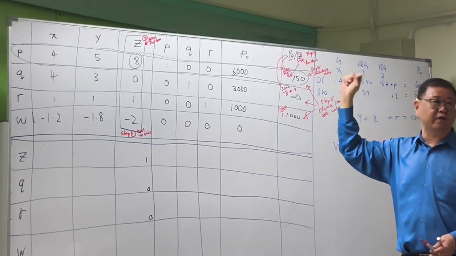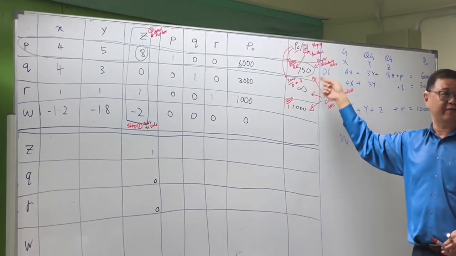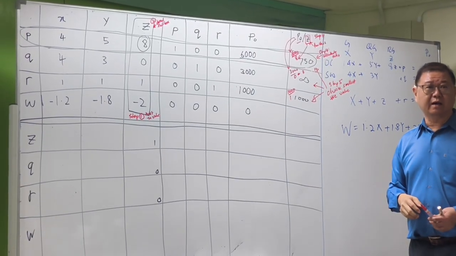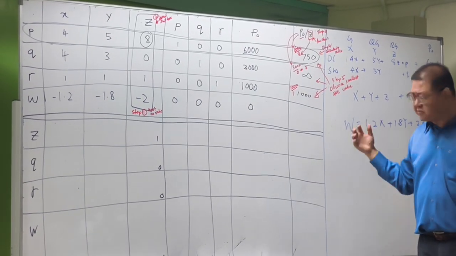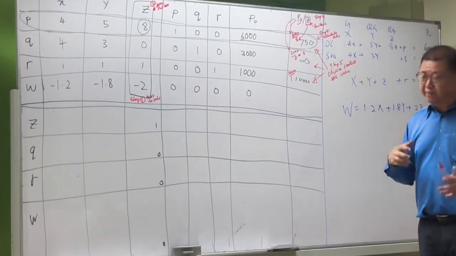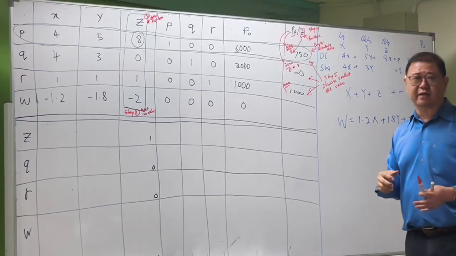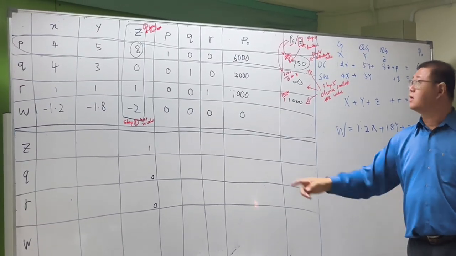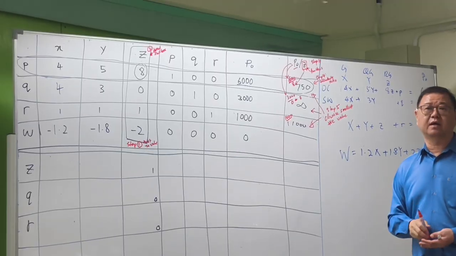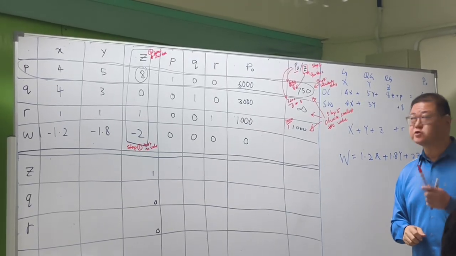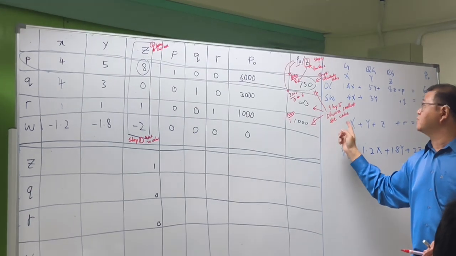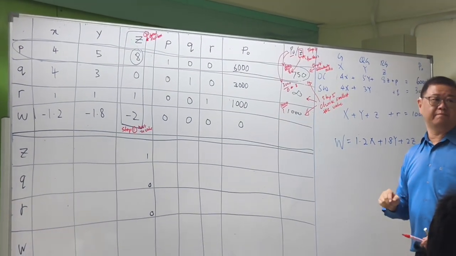Because your resources are only enough to produce 750 units. If I purposely force it to 1,000 units, you get negative resources, and how can you have negative resources? So that's why you choose the smallest positive value.